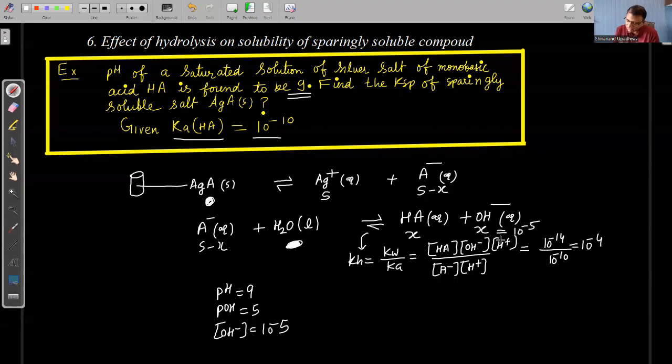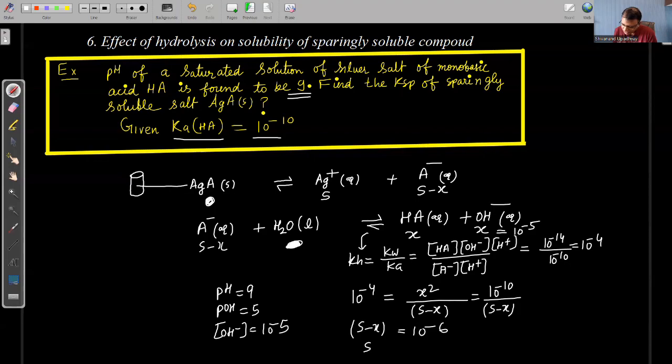With the help of this value, I can calculate the value of S minus X, because I can write that Kh, which is equal to 10 to the power minus 4, is equal to X square upon S minus X. X square is 10 to the power minus 10. So from here I can write that the value of S minus X is equal to 10 to the power minus 6.